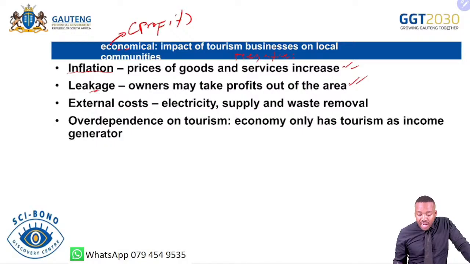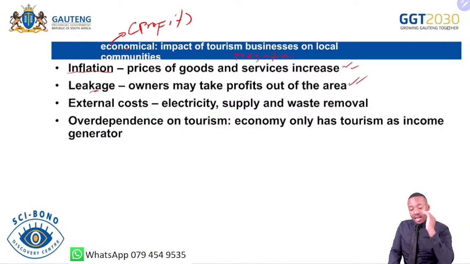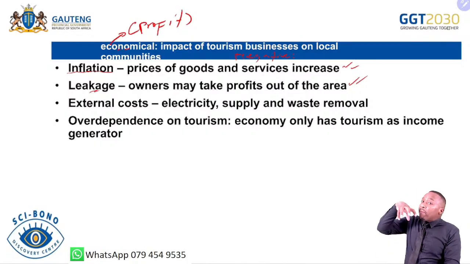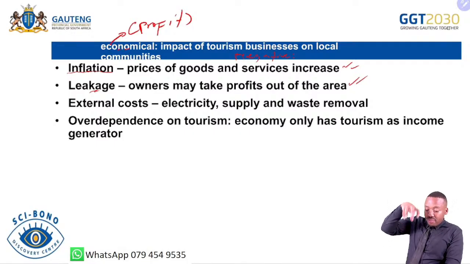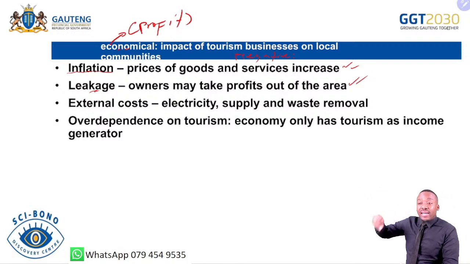So the owners may take the profits out of the area, right? We remember when I introduced sustainable tourism, we said what? The money or the income from the business must benefit the locals. So when the owners take the profits made from tourism out of the area, then that is a what? That is a negative what? Impact.